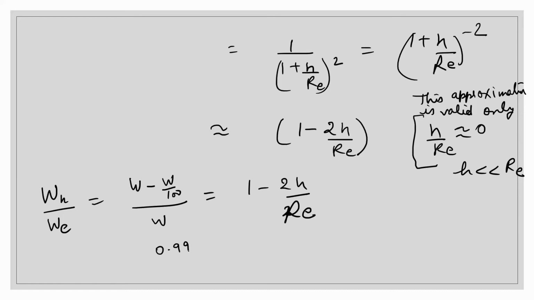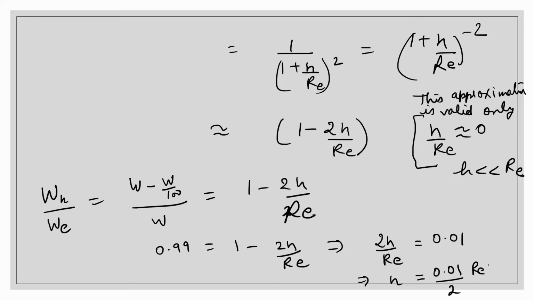So 0.99 will be equal to 1 minus 2h by Re, and this implies that 2h by Re will be equal to 1 minus 0.99, that is 0.01, and this gives you h equal to 0.01 by 2 into Re.